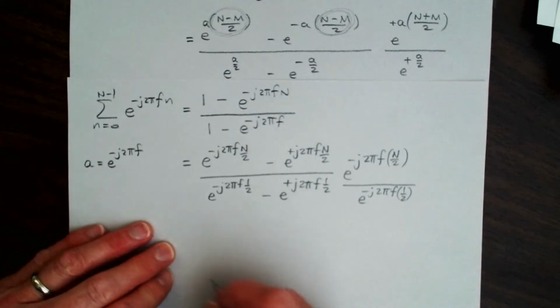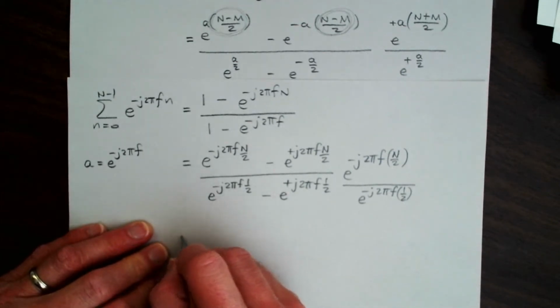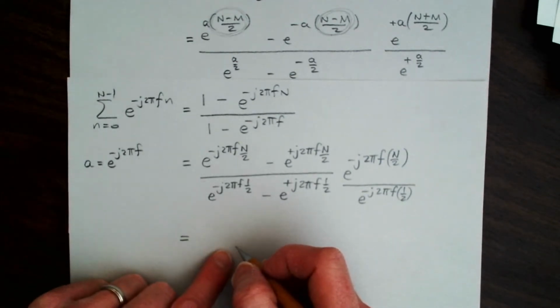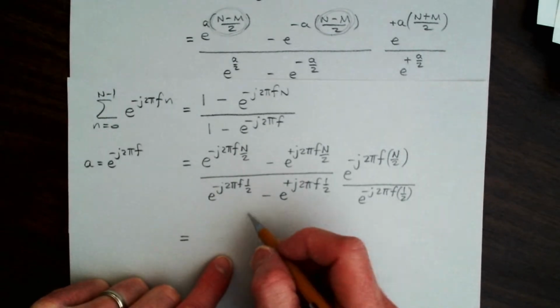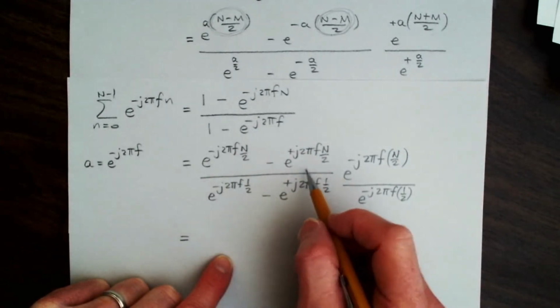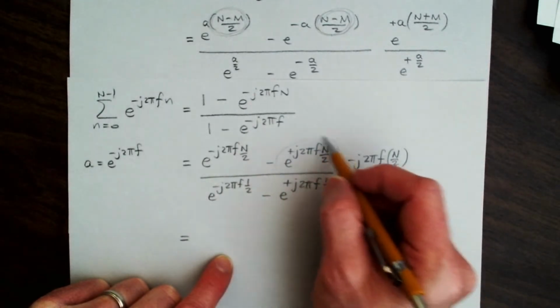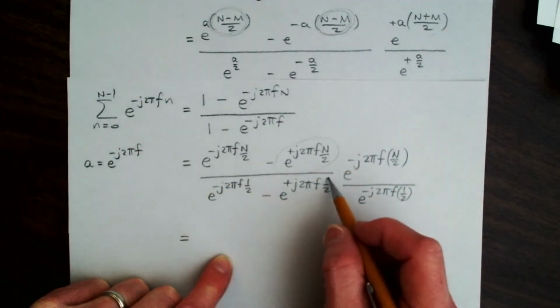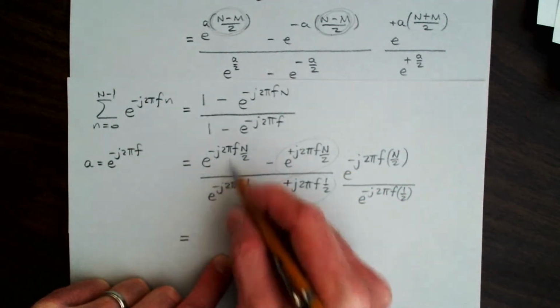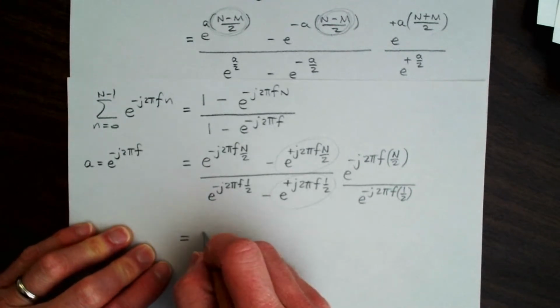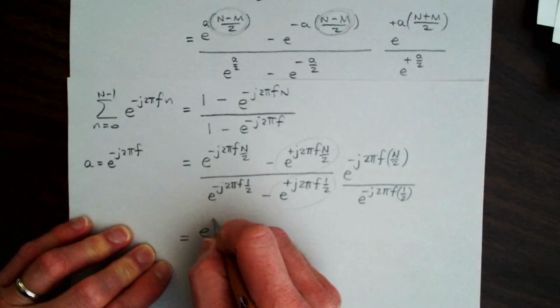Okay, now let's simplify this. I want to find something that looks like a sinc function. So I need to have this exponential with the positive exponent first, both in the numerator and in the denominator. So multiplying top and bottom by -1 allows me to write e to the j.